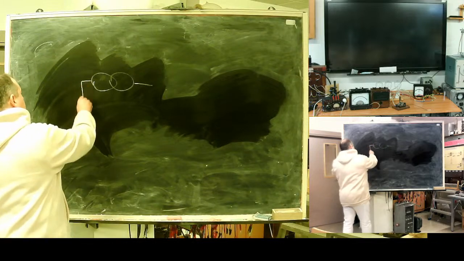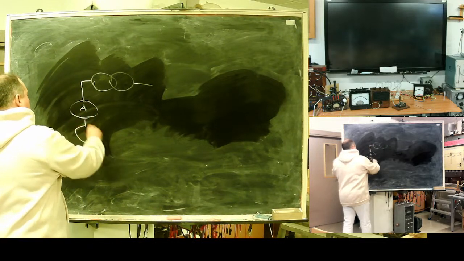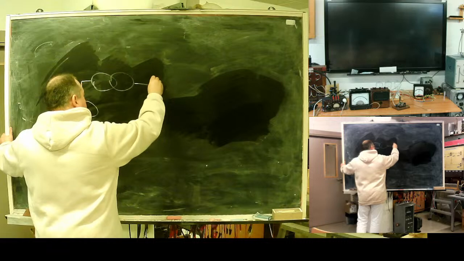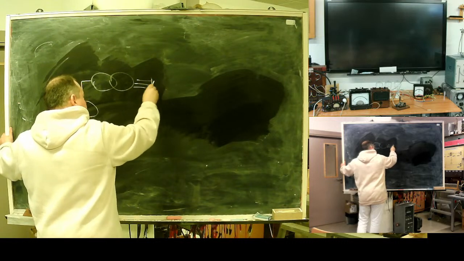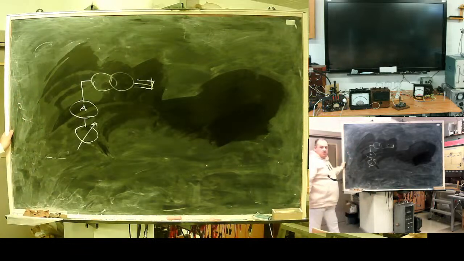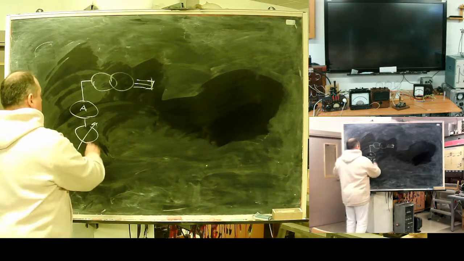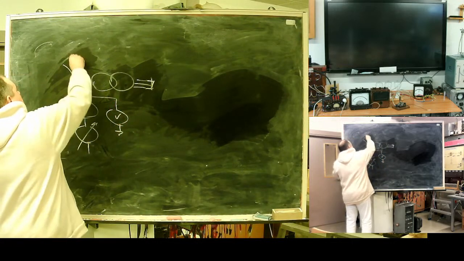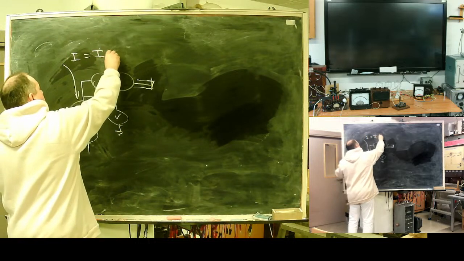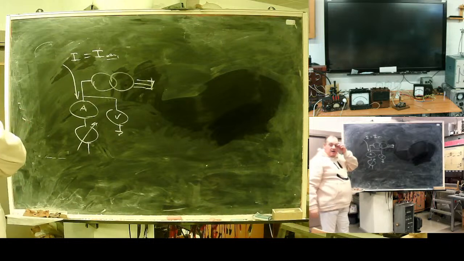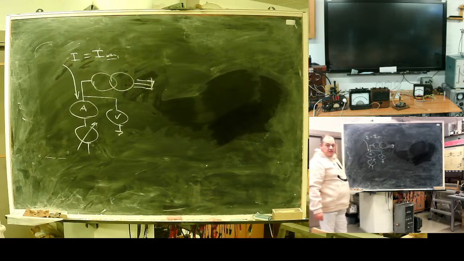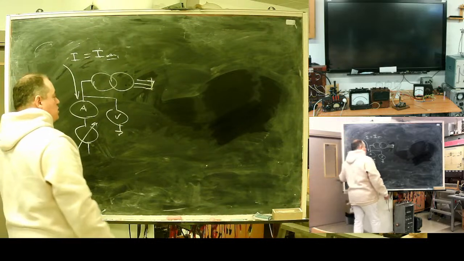What's the idea? The transformer is supplied by a power source on one side, and the output is short-circuited. Voltage is raised until the current equals the transformer rated current. This voltage, the short circuit experiment voltage when current equals the rated current, is called short circuit voltage.